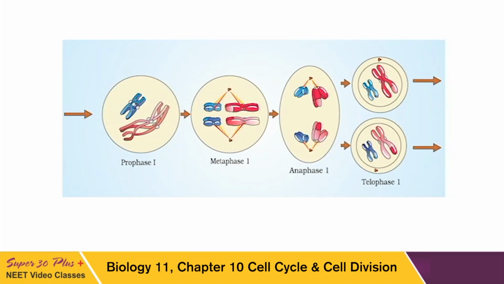Now you see diagrammatically how we can represent this. Let this be prophase I. What will be there in metaphase I? The 2 chromosomes are arranged on 2 metaphasic plates. In anaphase, the complete chromosome moves to the opposite pole. We have taken, for example, 4 here. In anaphase I, 2 will go to this side and 2 will go to this side.